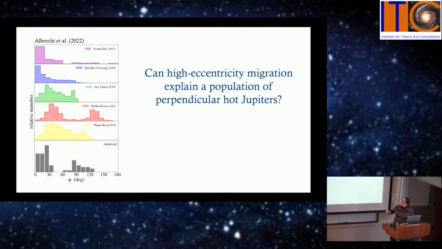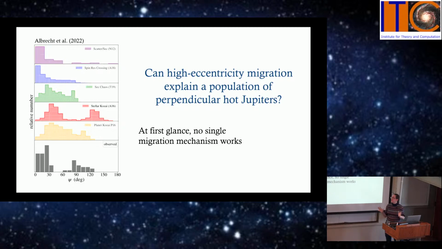You can see from different simulations of high eccentricity migration what you would expect the obliquity to be. The one I was talking about earlier would be the COSI, shown in red. And at first glance, no single migration mechanism works. In particular, this one seems to miss completely this perpendicular population, which it would be interesting to explain.